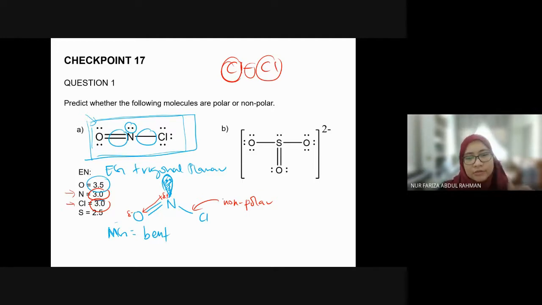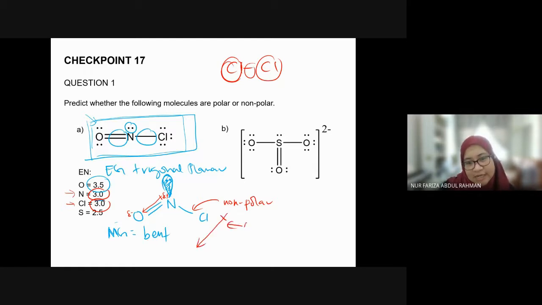Alright. So here, is it polar or non-polar? The answer is polar, because there is nothing that can cancel out this dipole moment. There's no dipole moment except for this one. This is the only dipole moment, so obviously there will be no cancellation. The net dipole moment will be pointing here.